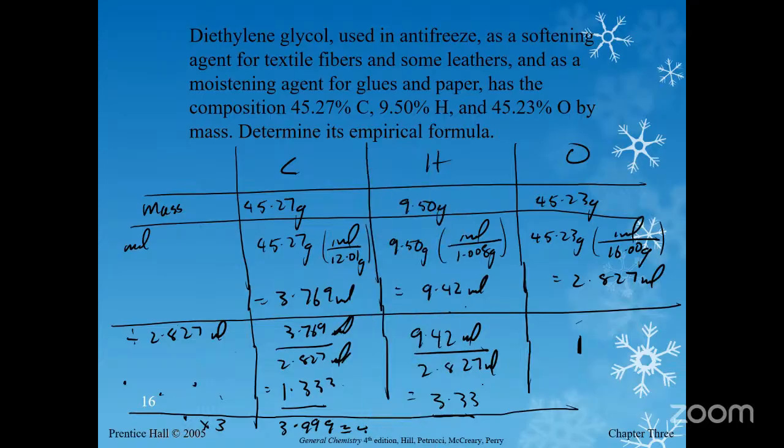And in the case of the next one, 3.33 times 3 gives you 9.999, which is very close to 10. And because we multiply the previous 2 by 3, we have to multiply the 1 by 3, so that gives you 3. So the empirical formula in this case is going to be equal to C4H10O3. And that's it.